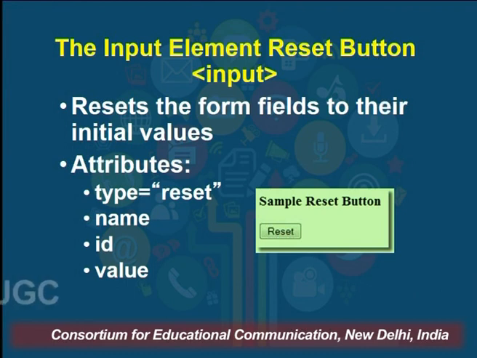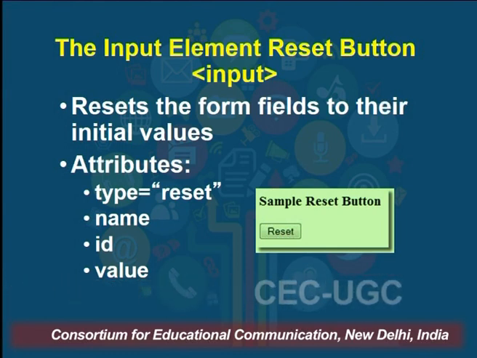Then another type of button, which can be used to reset the fields of the form to their initial value, is known as reset. Here again you write input type is equal to reset, and you give a name, an ID and a value to this button.